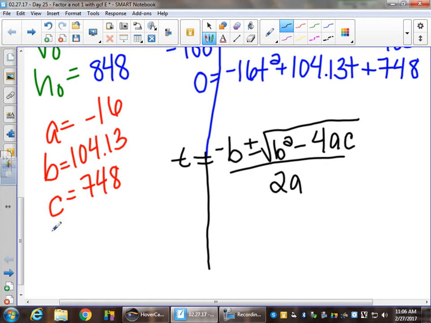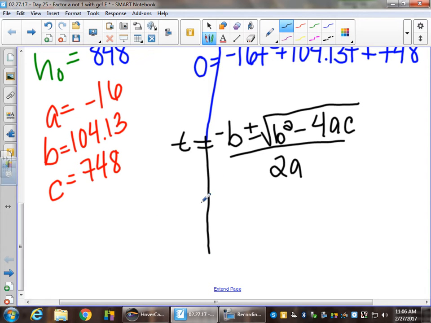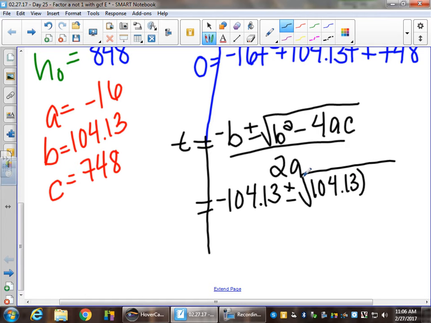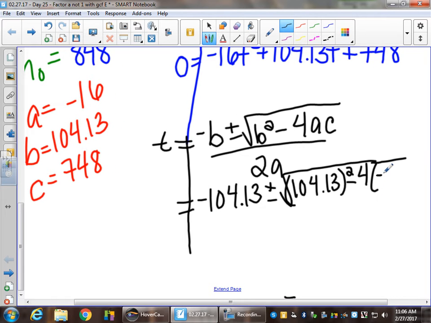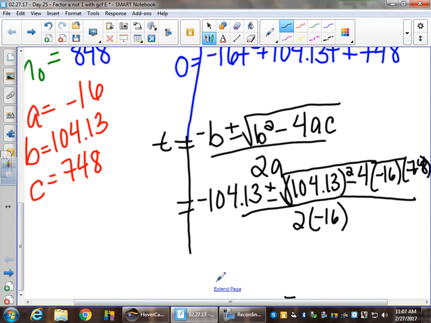All right, so plug in all of the information you have now. (104.13) squared minus 4ac, all over 2a. What's 104.13 squared?